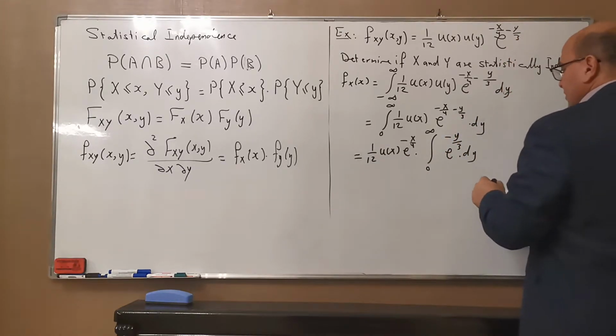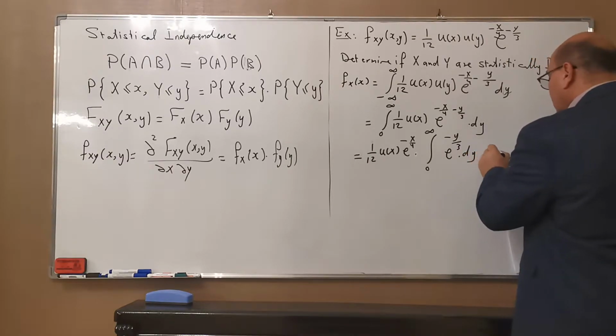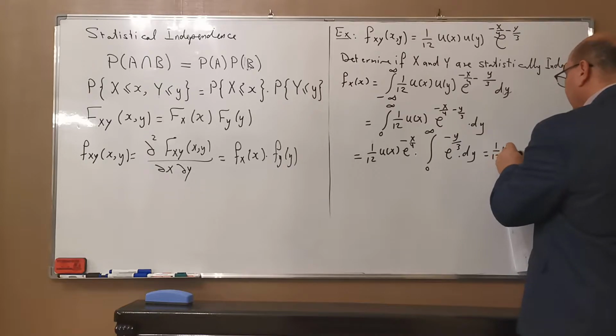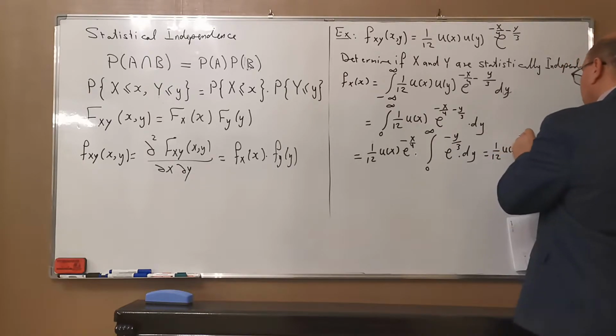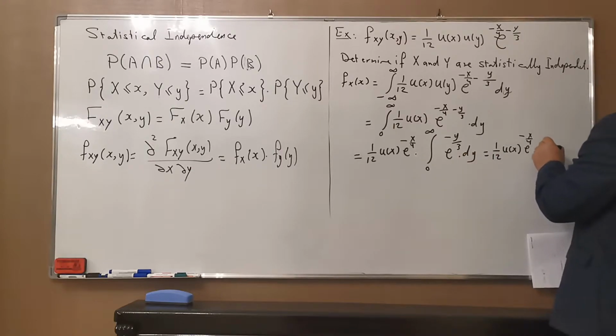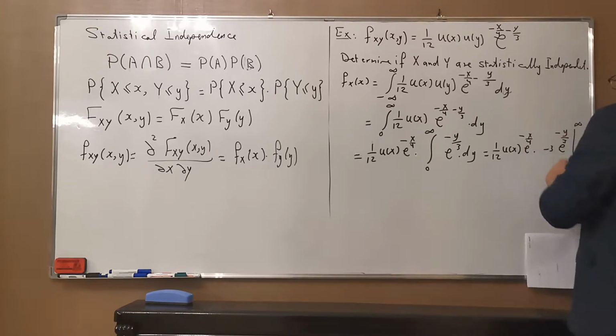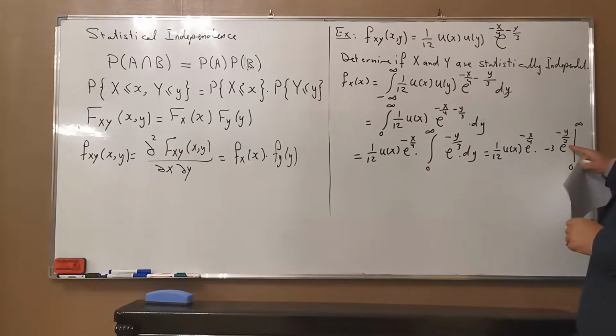And this equals 1 over 12 u of x e to the minus x over 4 times the antiderivative, which is minus 3 e to the minus y over 3, from 0 to infinity. If you apply infinity here, you have 0, since e to the minus infinity is 0.